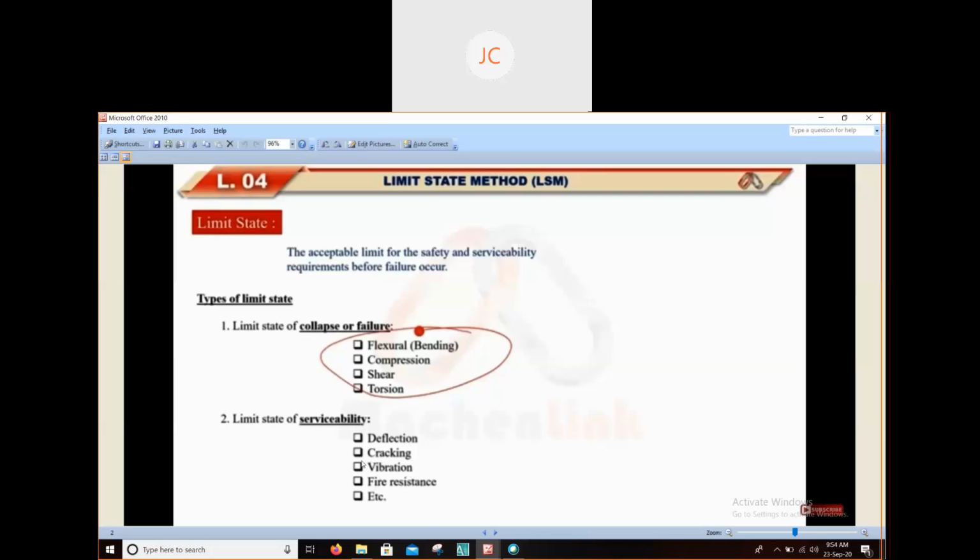In every case we have to consider vibration, or only in some particular cases? Can you give me an example where we have to consider vibration? Just think of your surroundings, whatever you have seen.